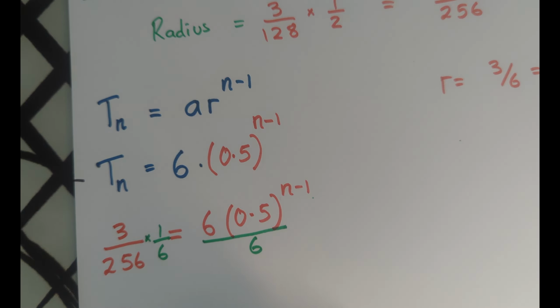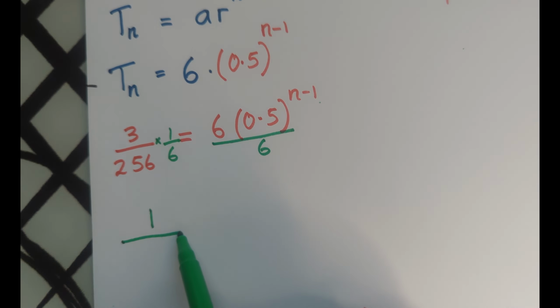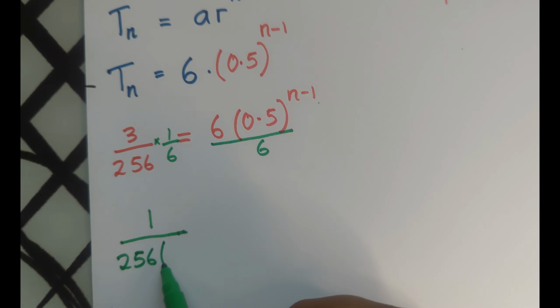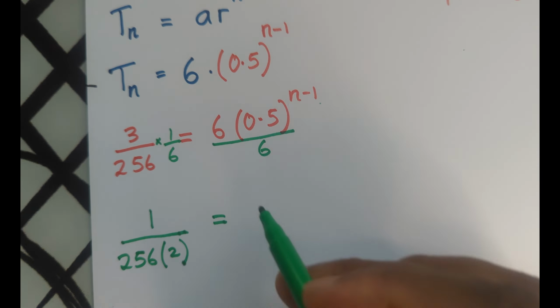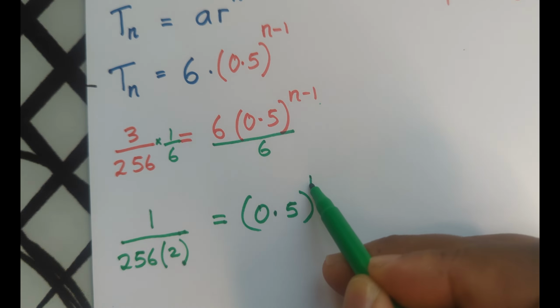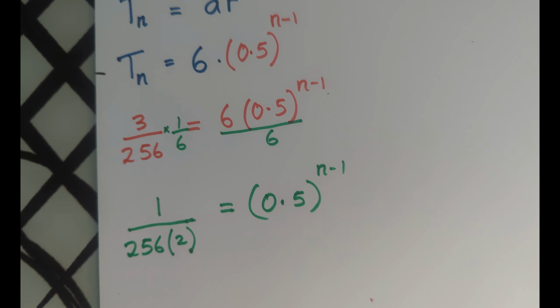So the 3 will cancel, 3 divides 6 2 times. So the left side will be 1 over 256 being multiplied by 2, being equal to, this 6 will cancel with this 6, so we're going to have 0.5 to the power of n minus 1. And we can apply logarithms.